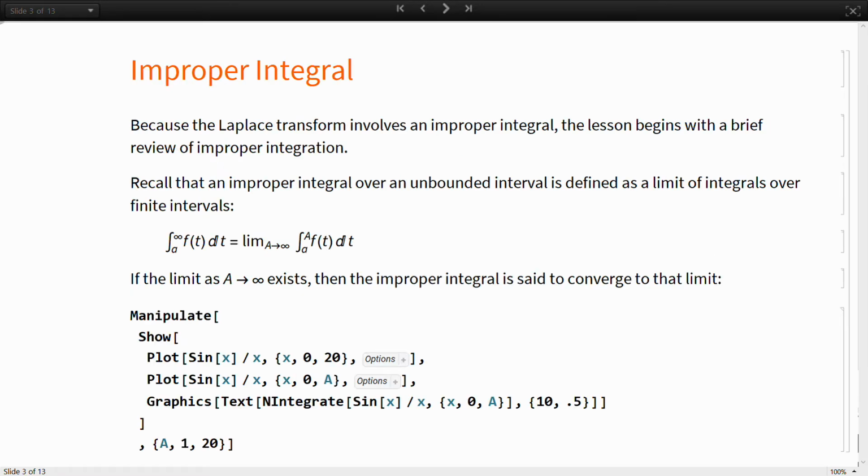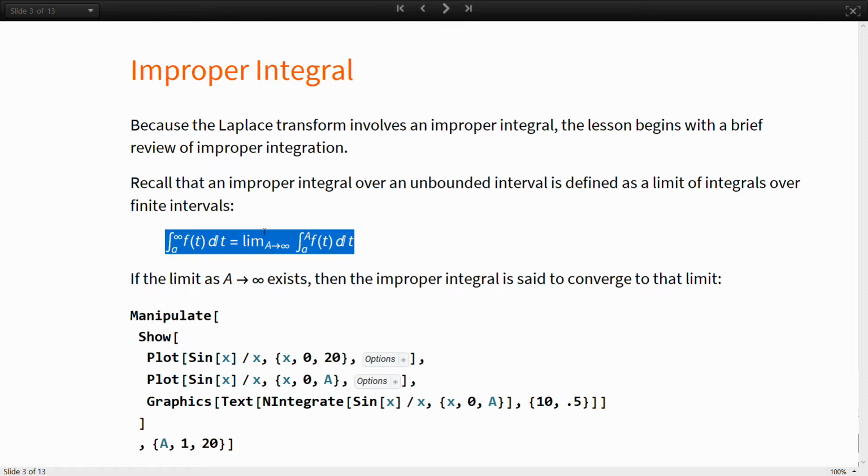Because the Laplace transform involves an improper integral, we will begin this lesson with a brief review of improper integration. An improper integral over an unbounded region is defined as the limit of the definite integral over a finite region. For example, the integral on the left is from little a to infinity.